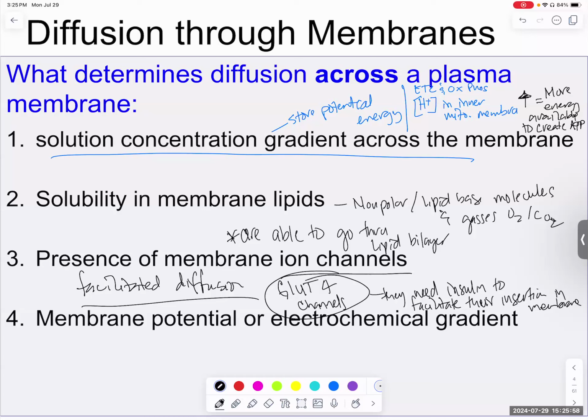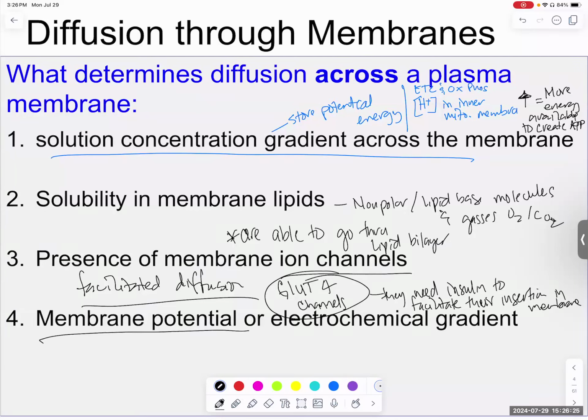And so those channels are not always there for facilitated diffusion. Diabetes is an issue with getting these GLUT4 channels into the cell membrane because they're not always present. And so presence of membrane ion channels does factor into the ability for things to diffuse. Even if it doesn't require energy, it requires these channels to be in the membrane.